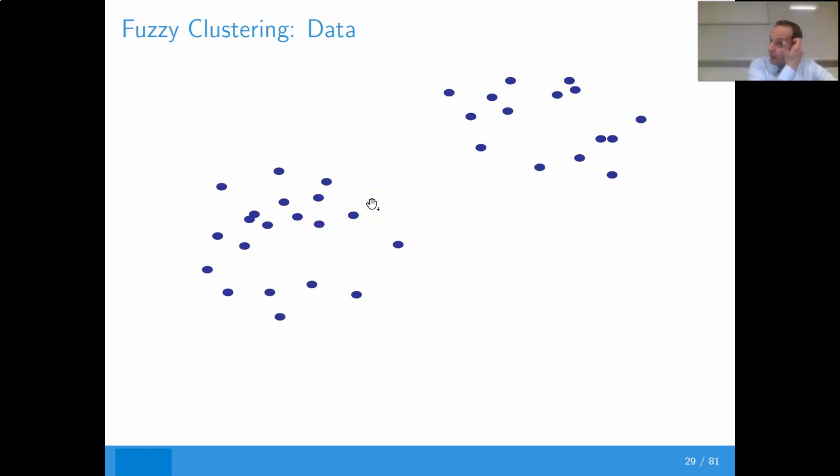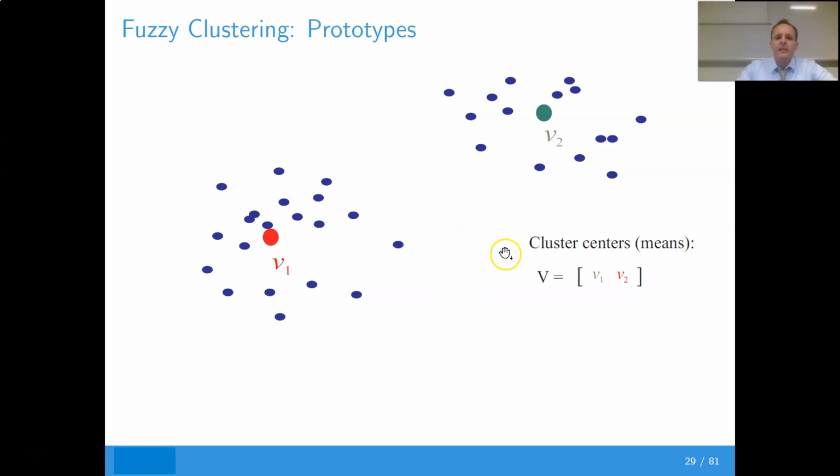Remember also the concept of similarity, or better, dissimilarity, when we introduced the fuzzy logic. You see here that the points in this cluster are similar to each other with respect to the points of the other cluster, which are quite dissimilar. In order to derive the form in a mathematical way of the cluster, you need to introduce the concept of cluster center. So what is a cluster center?